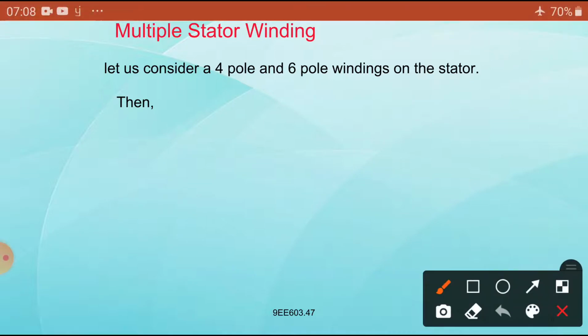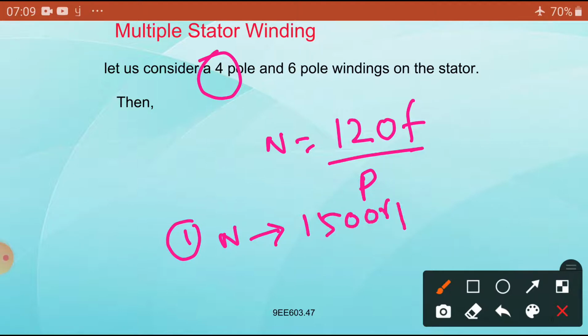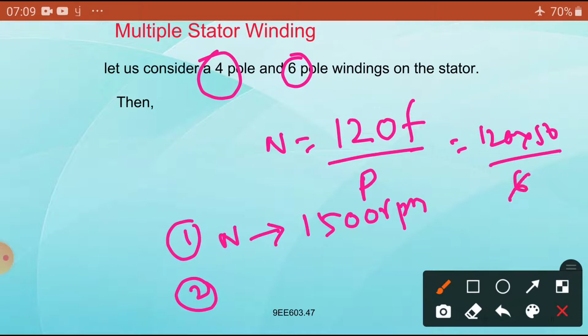Then N is equal to 120 F by P. So in case 1, if P is equal to 4, N is equal to 120 F by P, we are going to get the 1500 RPM. Now P is equal to 6. In the second case, 120 into 50 by 6, we are going to get N is equal to 1000 RPM.